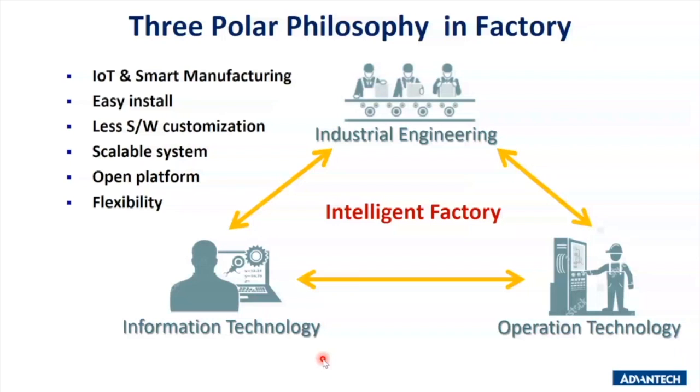The OT department takes care of all the production machines, equipment, facility, automation, MES system, etc. And then all three parties need to work together to help the factory, to help the production flow achieve better productivity and efficiency.